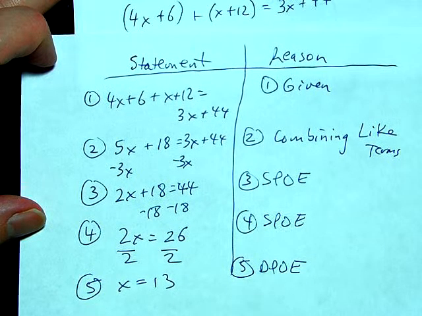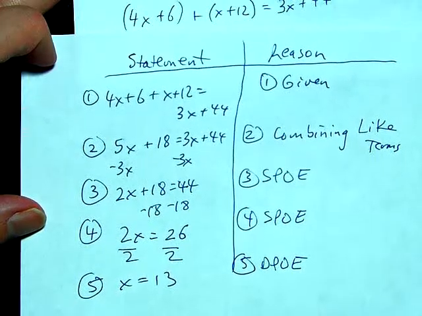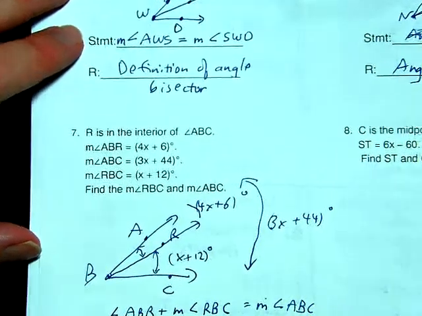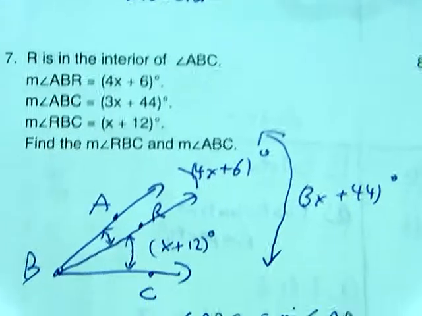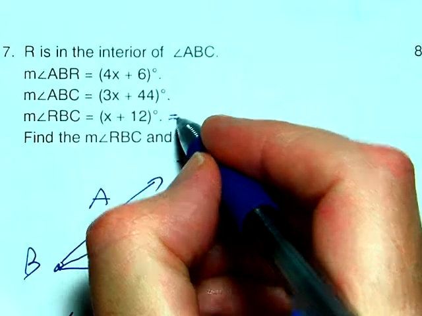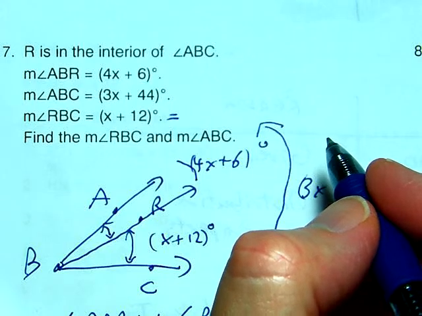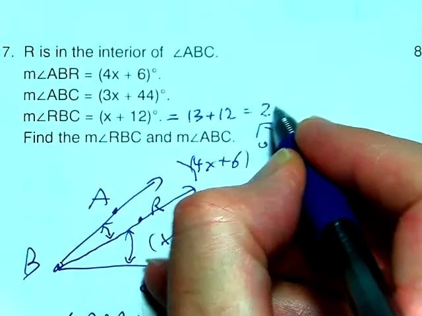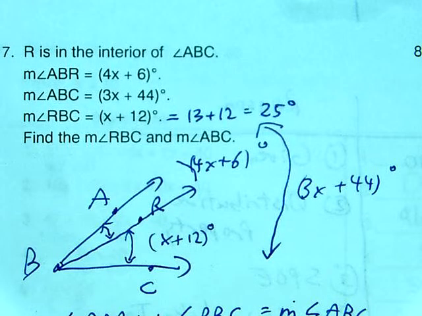But that wasn't exactly what we were asked to find. We need to find x, but we were actually asked in the problem to find the measure of angles RBC and ABC. So let's go back and do that. RBC is x plus 12. We said x is 13, so this is 13 plus 12, or 25 degrees. So that's the measure of angle RBC.